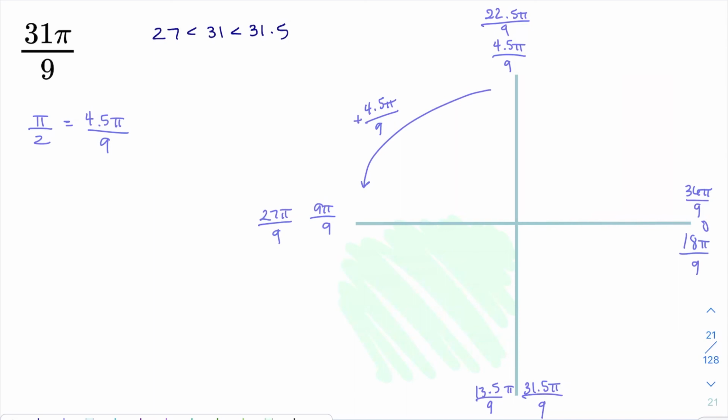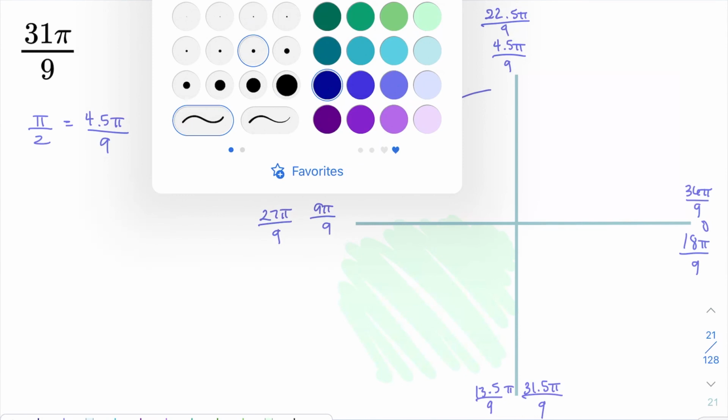I should also notice that 31.5 is significantly closer to 31 than 31 is to 27. So I should know that my terminal side is going to be quite a bit closer to 31.5 than it is to 27. So let's put our initial side down.